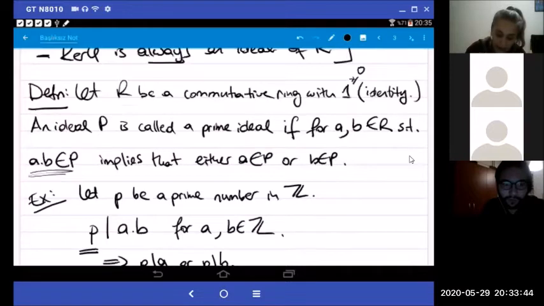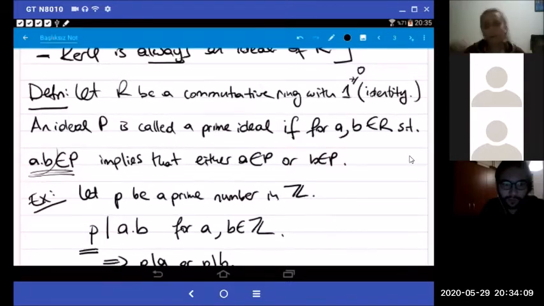You're taking a multiplication of two elements a and b lying in P, so the multiplication lies in P. If you can show that this implies that one of the elements has to lie in P, then you're going to say that P is a prime ideal. But you have to do this for all possible products.